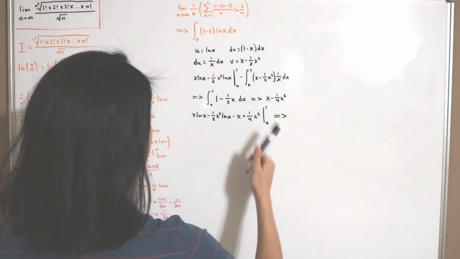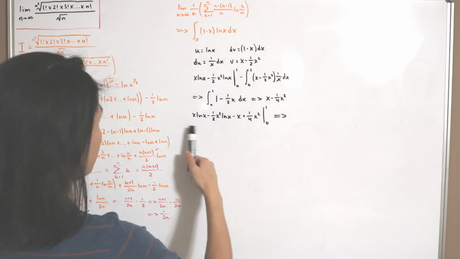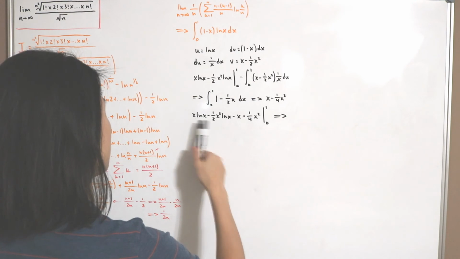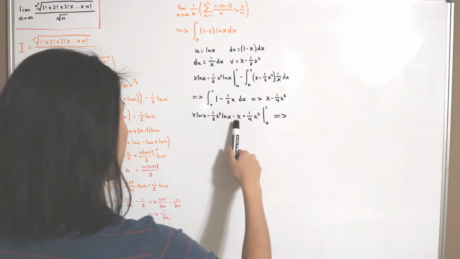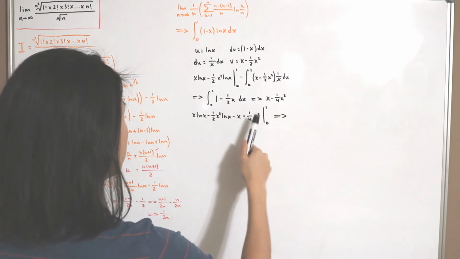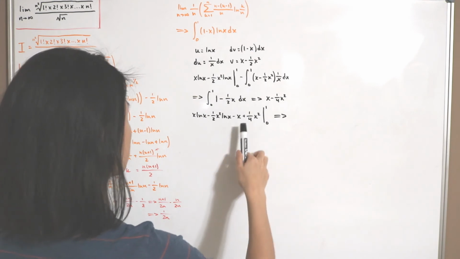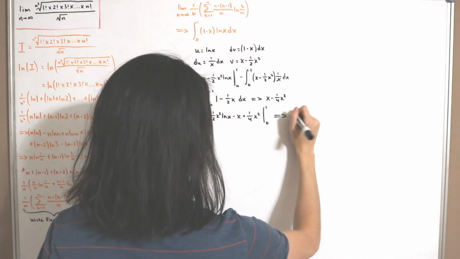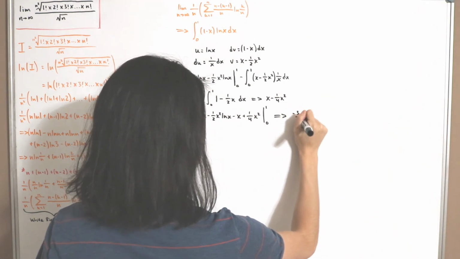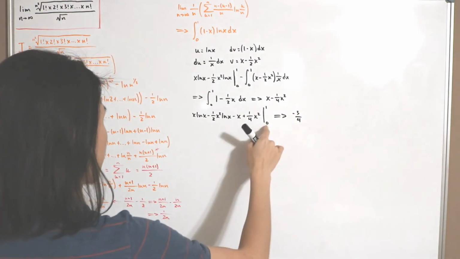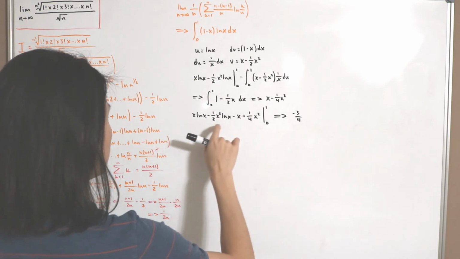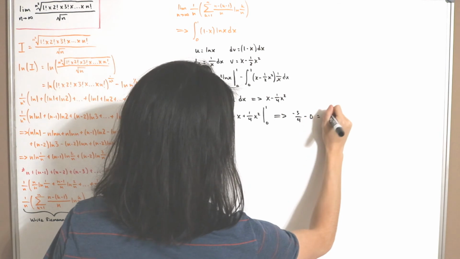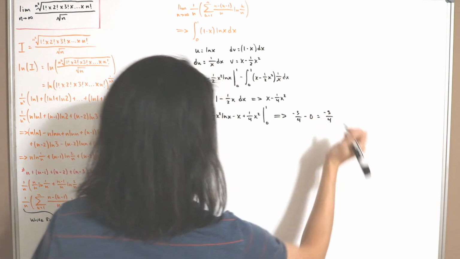If I plug in x equals 1, ln of 1 is just 0, so I have minus 1 plus 1 over 4, which is negative 3 over 4. If I put in 0, everything is 0, so minus 0, therefore this is equal to negative 3 over 4.